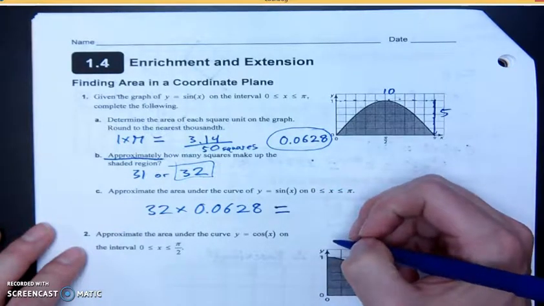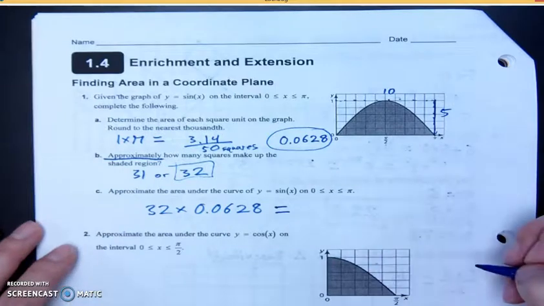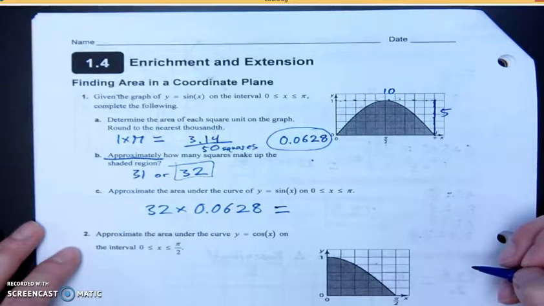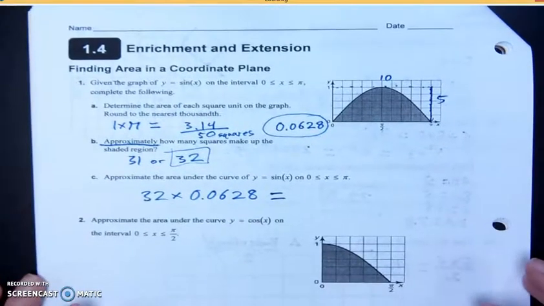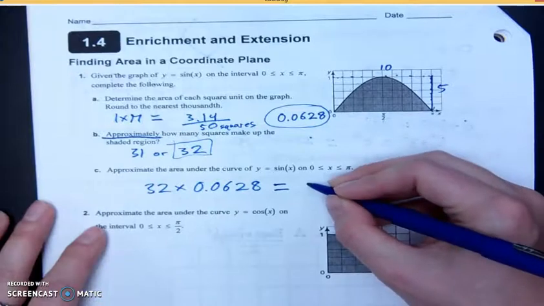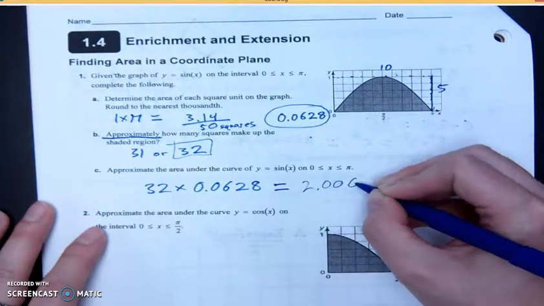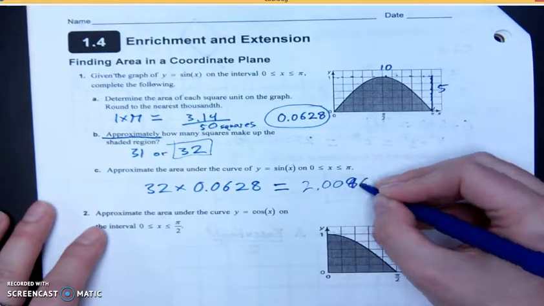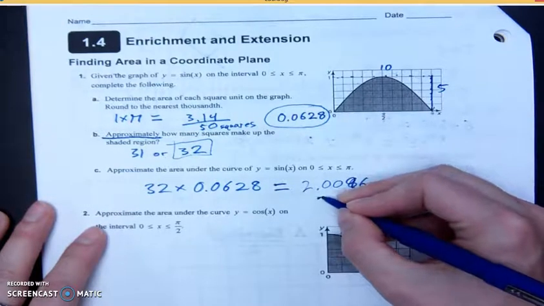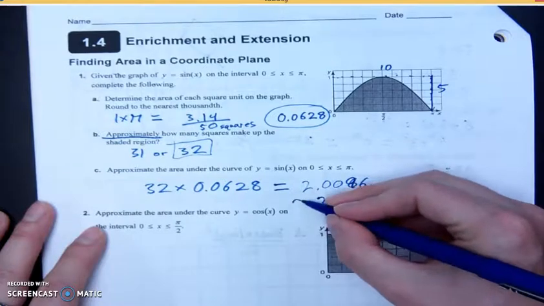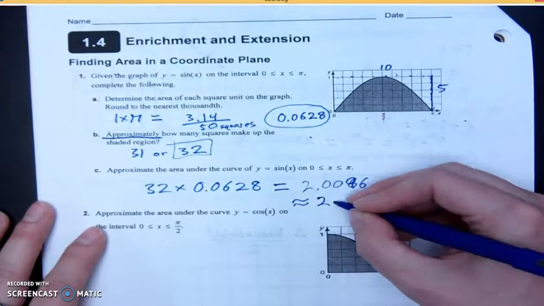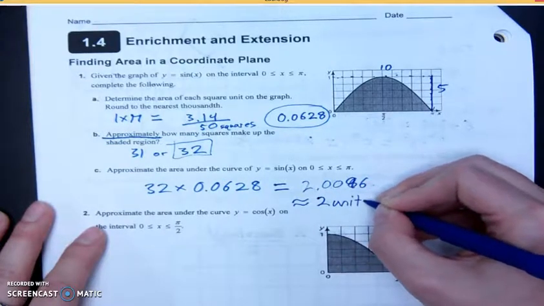Someone with a calculator. So it's 2.00696. And so we're going to just round that to about 2 units squared. Do you guys know that the wavy lines mean approximately? So 2 units squared.